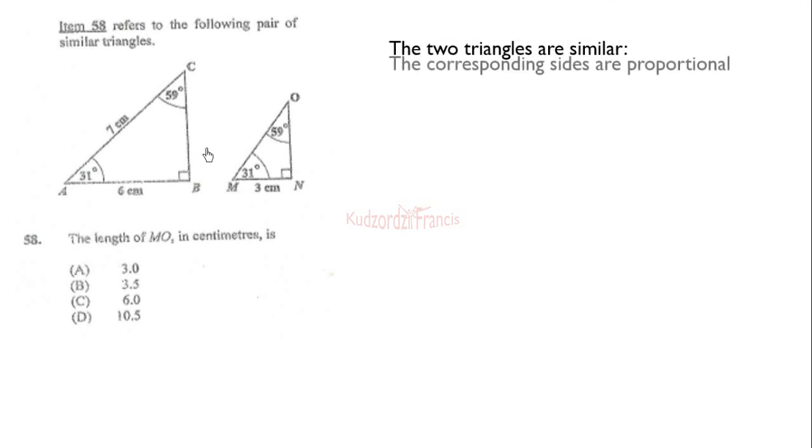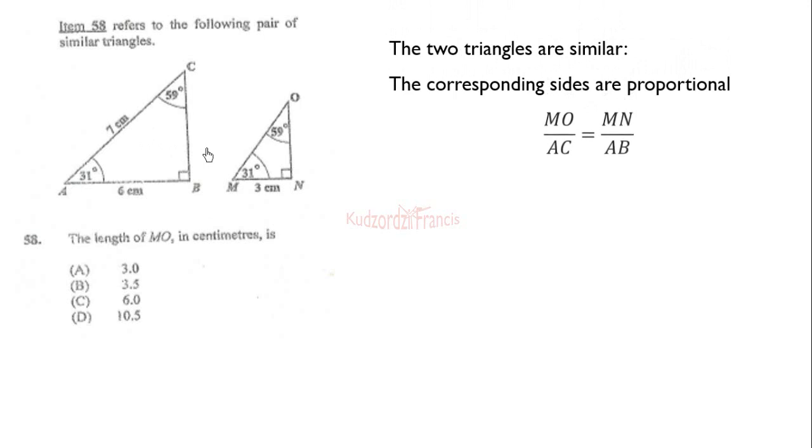We have item 58, which refers to the following pair of similar triangles. The length of MO in centimeters is... We know if two triangles are similar, then the corresponding sides are in equal proportion. So we take the proportion MO over AC to be equal to MN over AB.